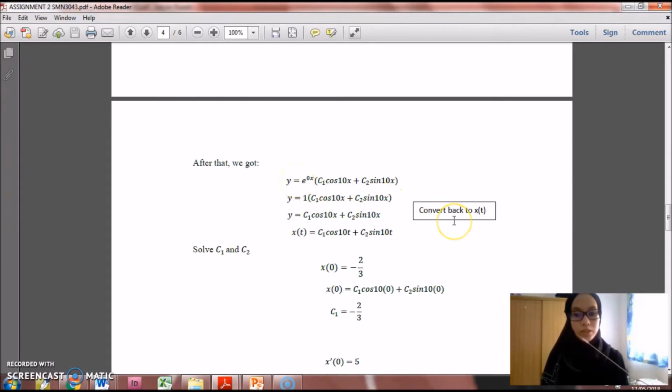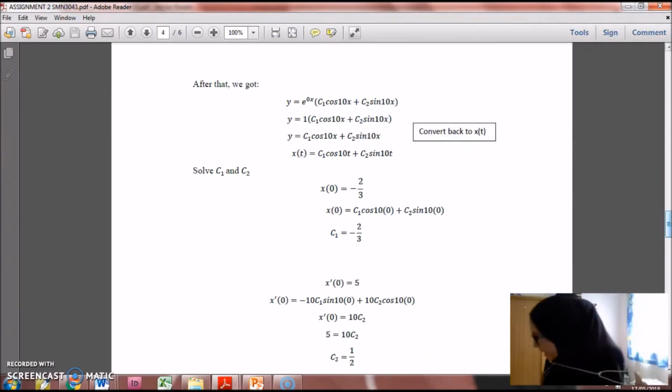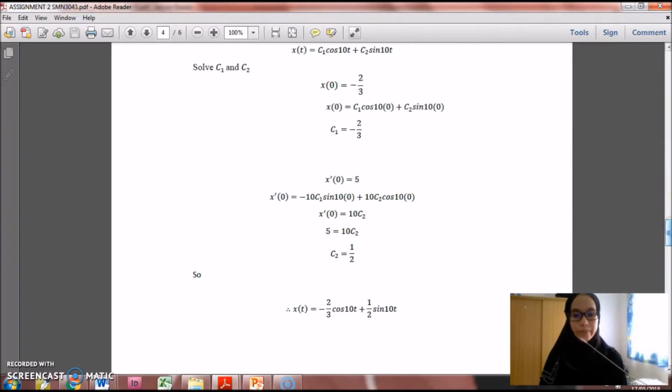Now we convert to x. So x at 0 is equal to minus 2 over 3. So we got C1 is equal to minus 2 over 3. We have been given x prime at 0 is equal to 5. So we substitute in the equation above to find C2, where we got 1 over 2.